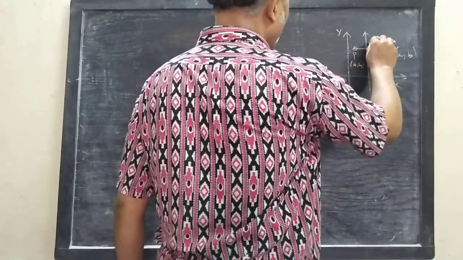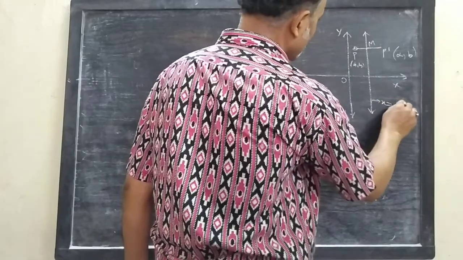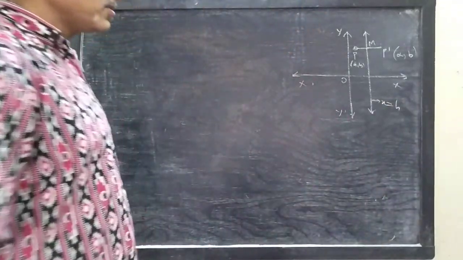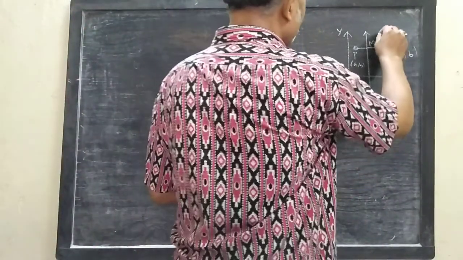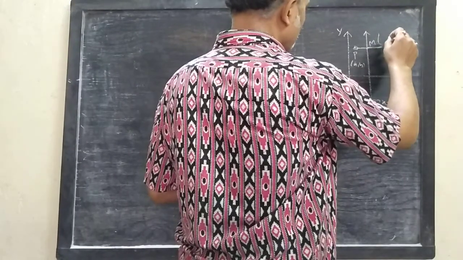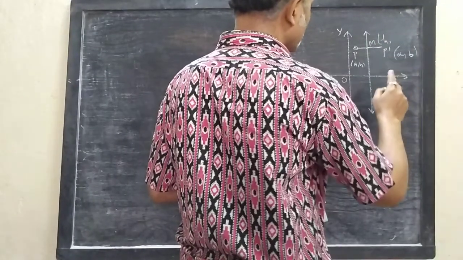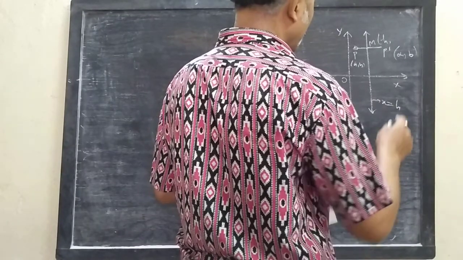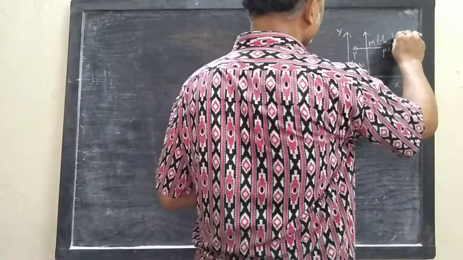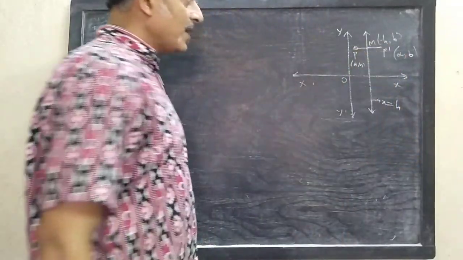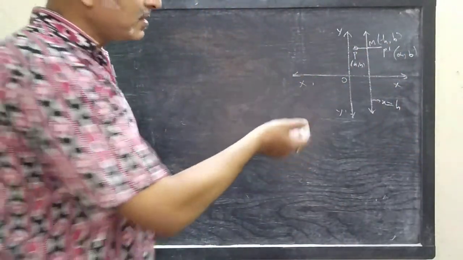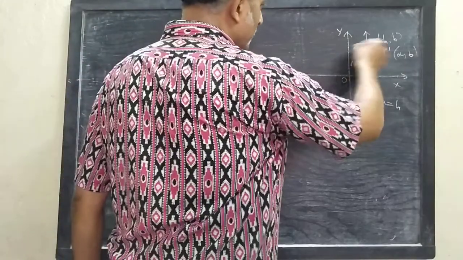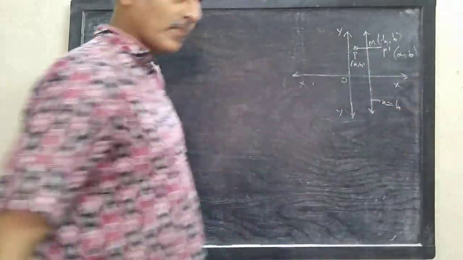Now the point where P dash intersects the reflector, suppose equation of reflector be x equals to h, then its abscissa will be h and ordinate is b, because M lies on P P dash which is parallel to x-axis, and all the points lying on this P P dash have their ordinate b.